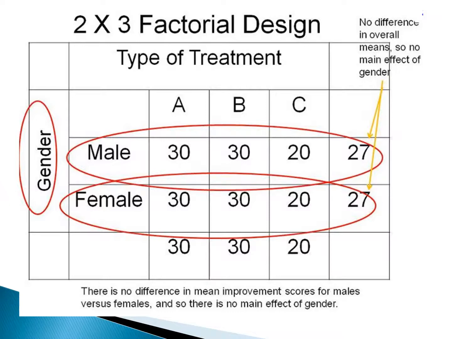So therefore there's the main effect of treatment, meaning that treatment C was significantly less successful than either treatment A or B, and it doesn't have any variation by gender. As you can see, they're the same versus male or female across the board. But if you just look at gender, you'll say, oh, there is no difference that way, but there is by type of treatment.